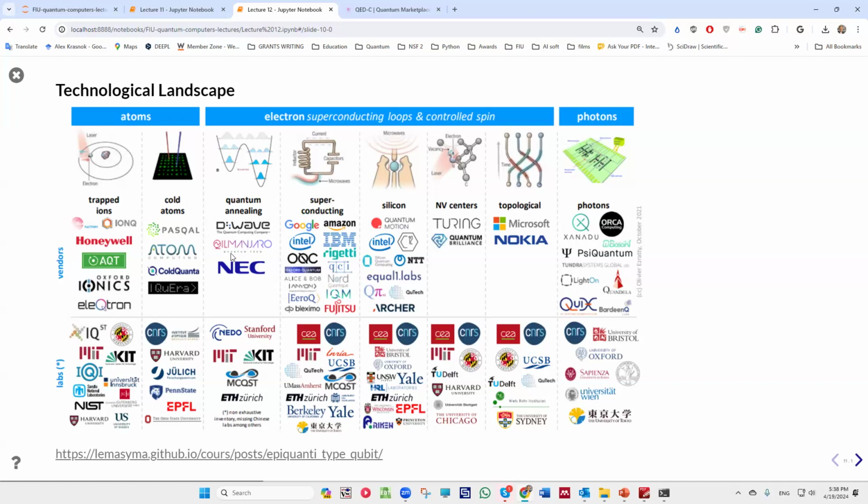The vendors, typically, if the company is IBM, right? IBM develops mainly one particular type of quantum computers. For example, these superconducting quantum computers. You cannot see IBM in any other.